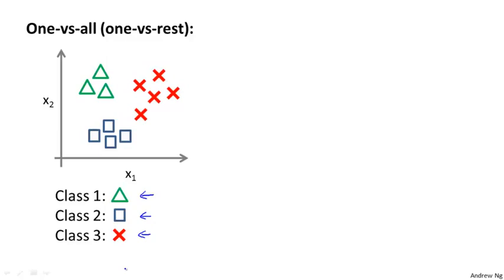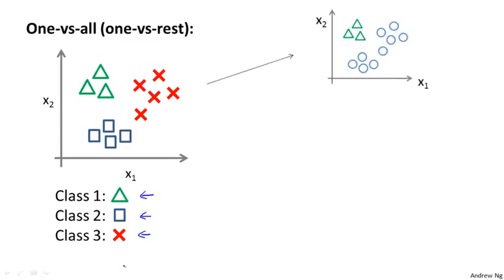So let's start with class 1, which is a triangle. We're going to essentially create a new sort of fake training set where classes 2 and 3 get assigned to the negative class and class 1 gets assigned to the positive class. We're going to create a new training set like that shown on the right, and we're going to fit a classifier which I'm going to call h subscript theta superscript 1 of x, where here the triangles are the positive examples and the circles are the negative examples.